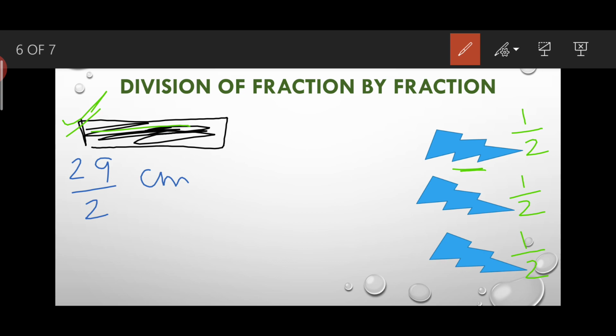So for this, let us see an example. If you are having 10 pieces of chocolate, and you have to divide this chocolate among 5 of your friends. So what will you do? You have divided these 10 pieces of chocolate among 5 students. This is the division sign.